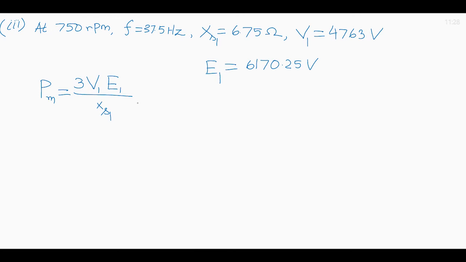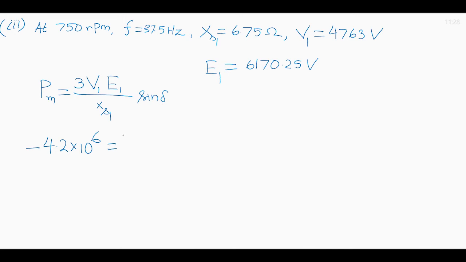into sin delta. In this condition, power is given as 4.2 megawatt and generator. So minus 4.2 into 10 to the power 6. As sign convention, motor power is positive and for generating operation power will be negative.